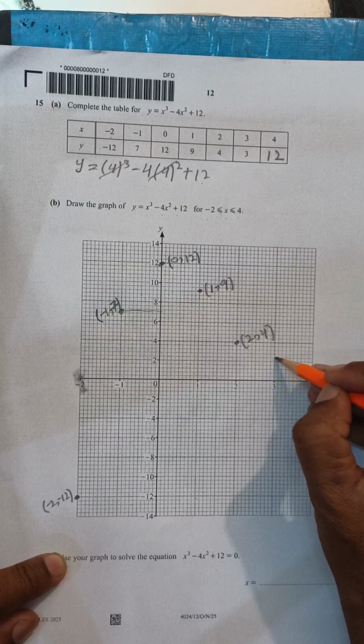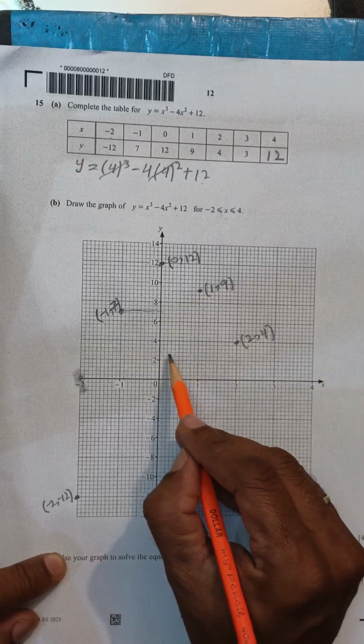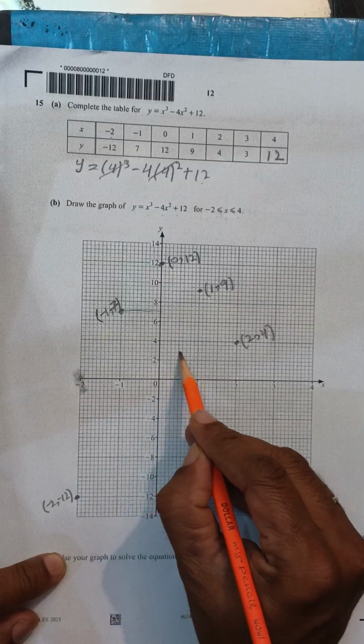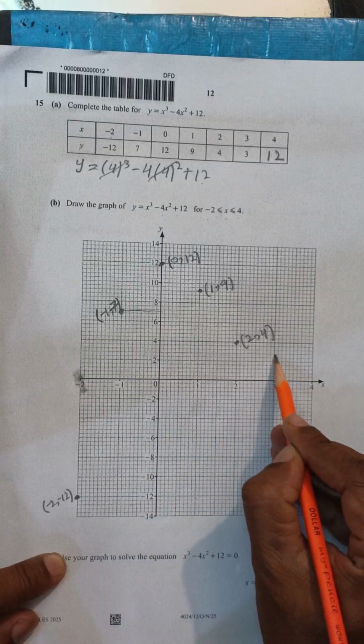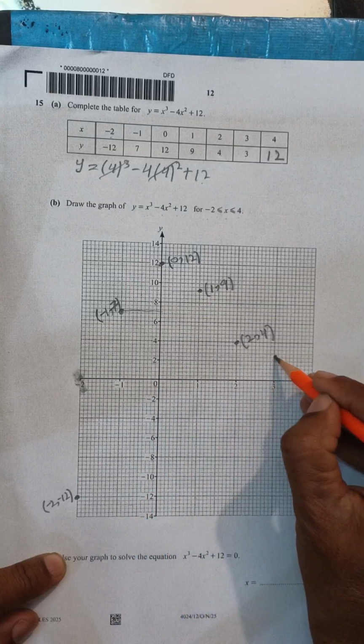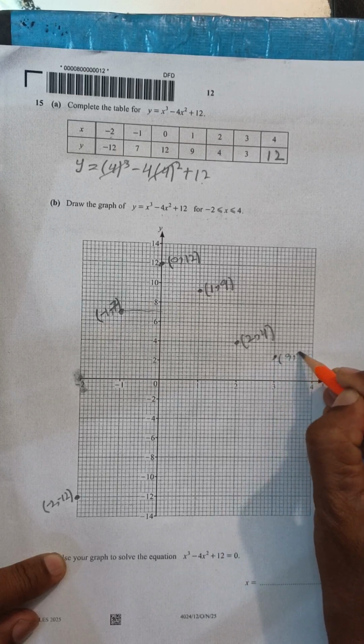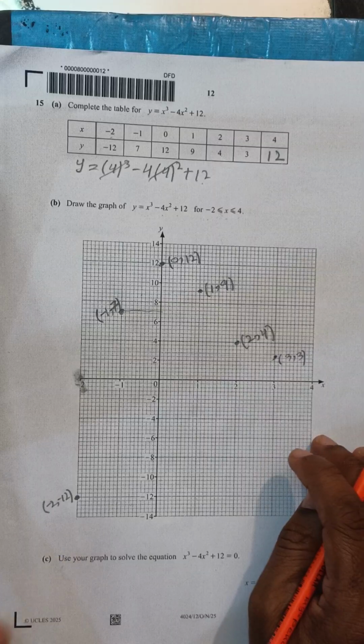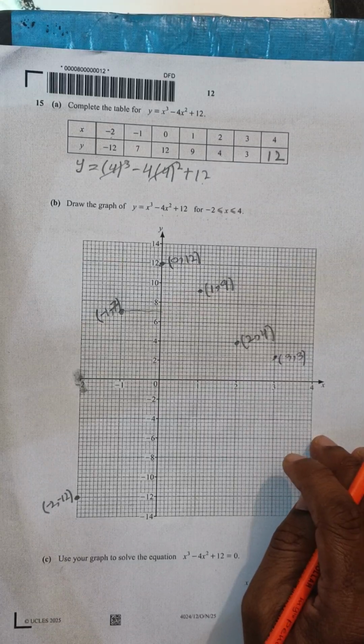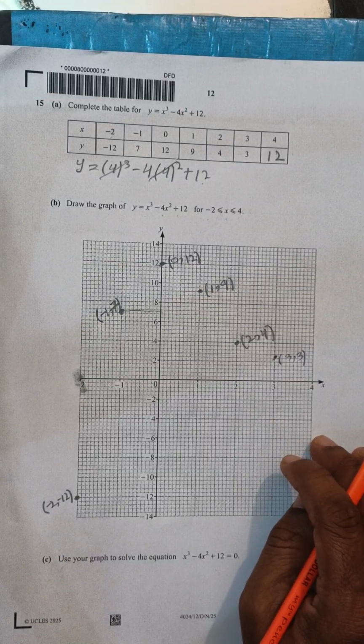Now look at this one. 3 and 3. So you have 3 and 3 here.